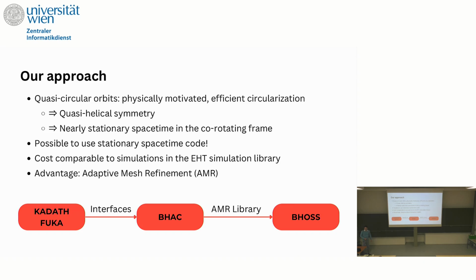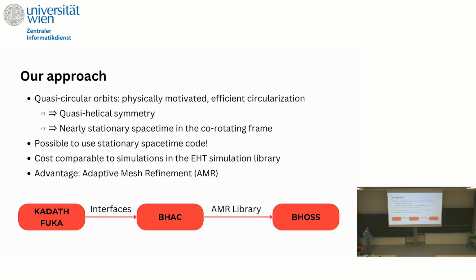First, we would like to restrict to a much narrower subset of simulations. This is the subset of binaries that have quasi-circular orbits, and this is very advantageous for simulations because, as we will see, they are much easier to simulate.